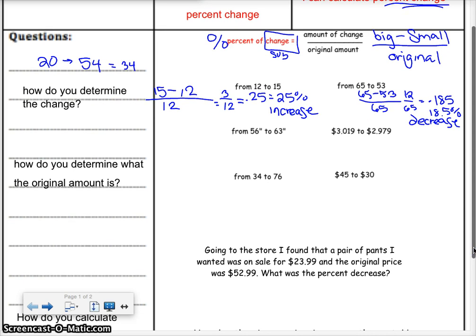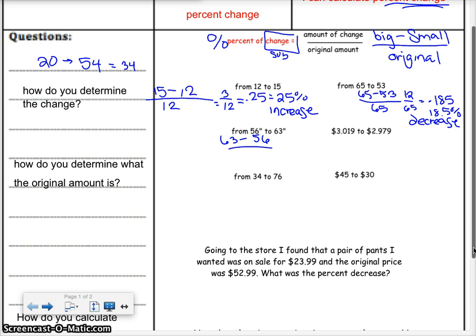Okay, let's say that at the end of 7th grade you were 56 inches tall. And then the beginning of 8th grade you were 63 inches tall. What percent did your height change? Let's pretend, because these represent inches here. So big number, 63, minus small number, 56, divided by original.